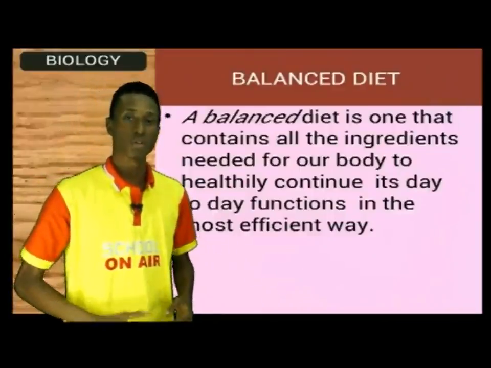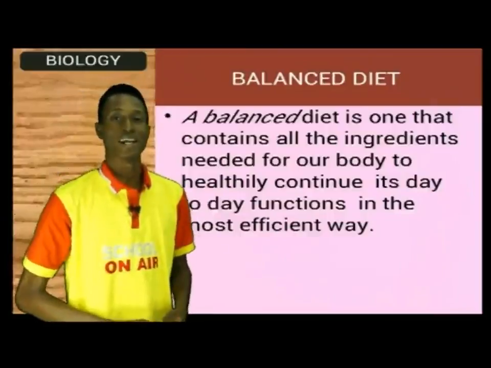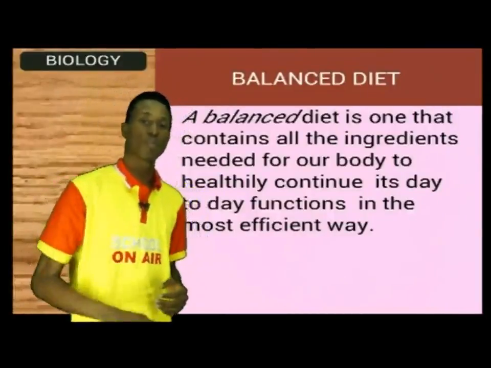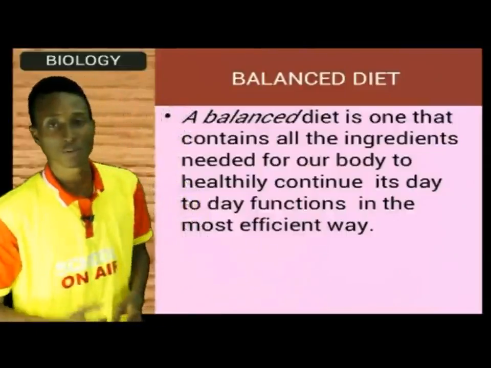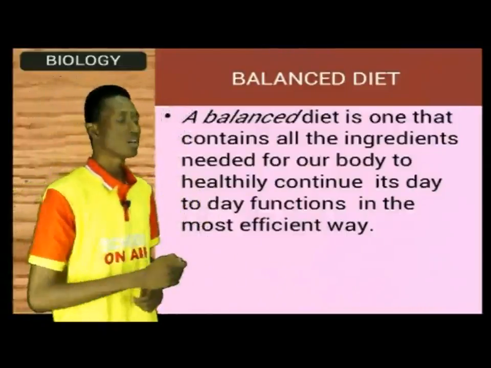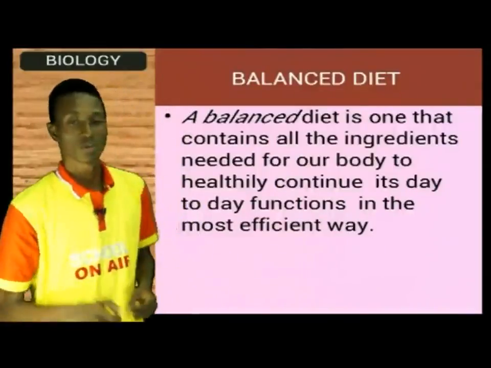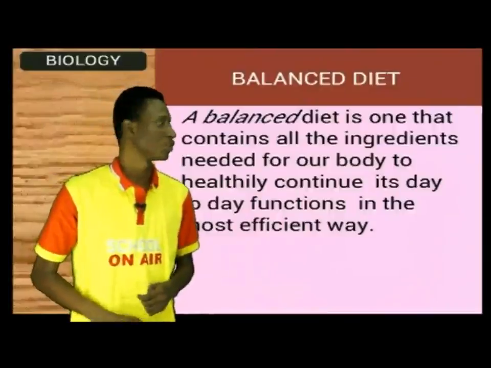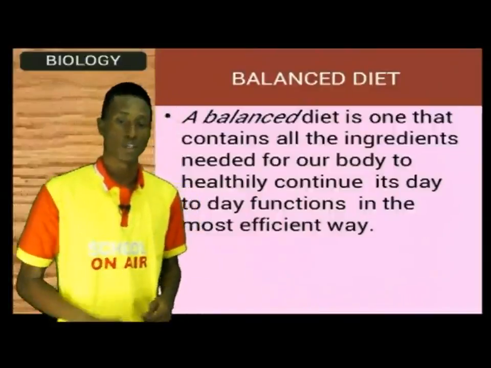Anytime we want to take a meal, we should make sure that it is a balanced diet, meaning that it contains all the components of the types of food substances that is required by our body to function optimally and to healthily continue our day-to-day activities and functions in the most efficient way.